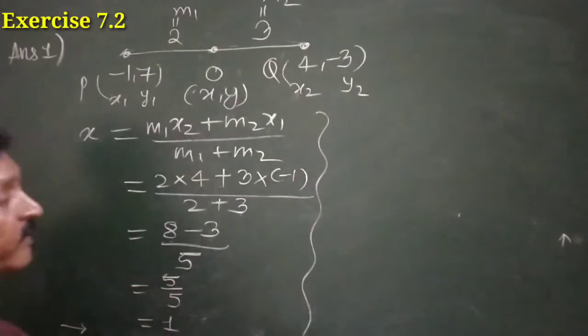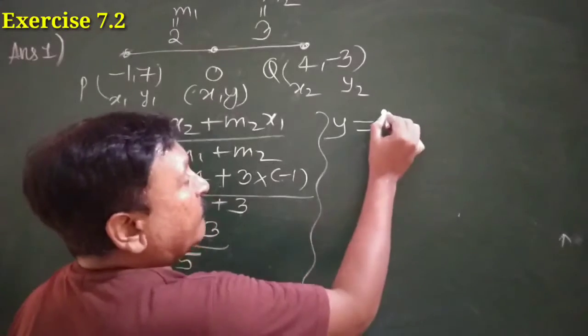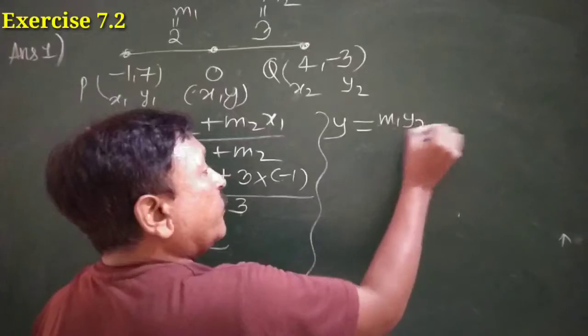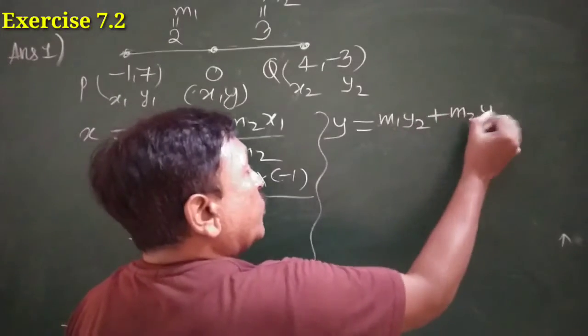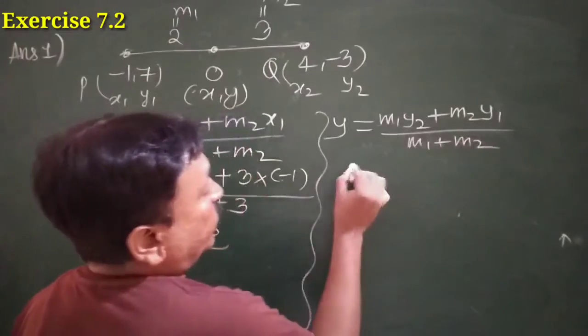In the same way we will find the coordinates of y. First of all write the formula: (m1 y2 plus m2 y1) upon (m1 plus m2).